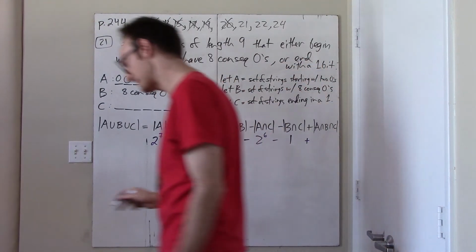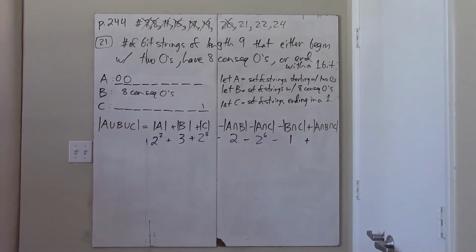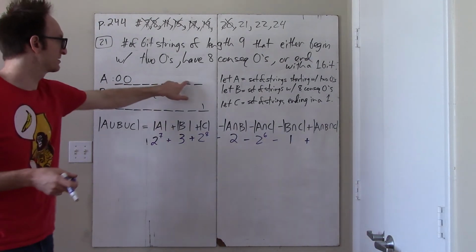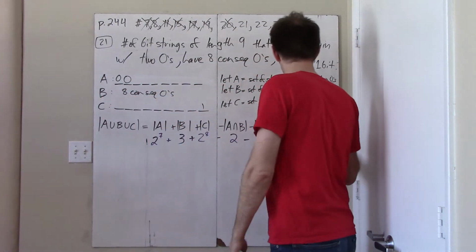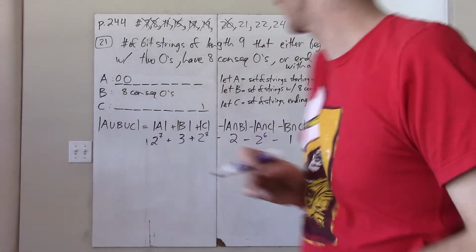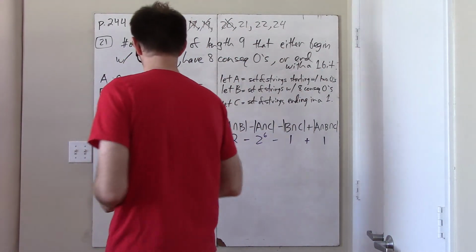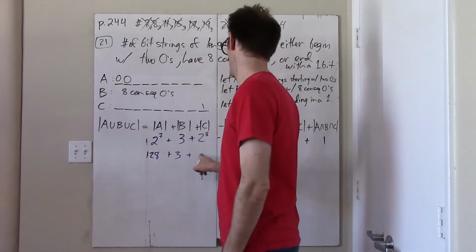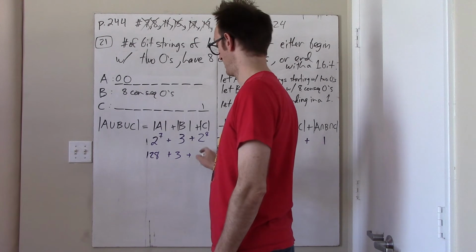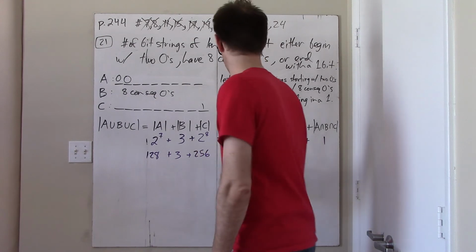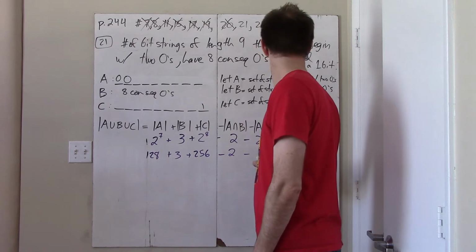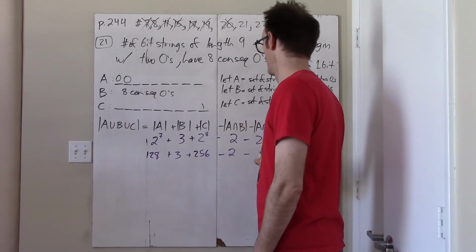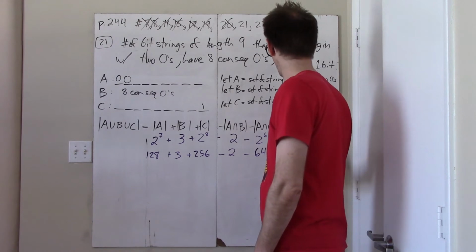And finally, how many ways are there to have all 3 properties? The only way to have all 3 properties is to have 8 zeros and then end in a 1. Okay, so filling out these individual pieces was a little bit challenging, but now we're just done, right? So that's 128 plus 3 plus 256 minus 2 minus 64 minus 1 plus 1.